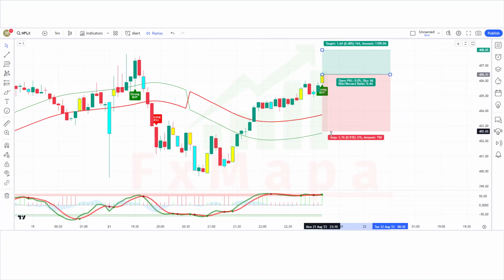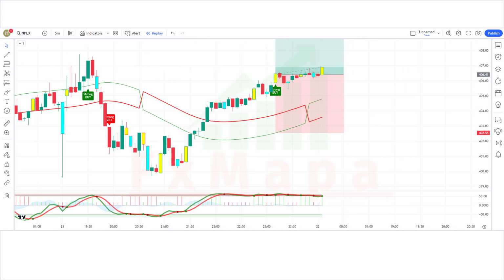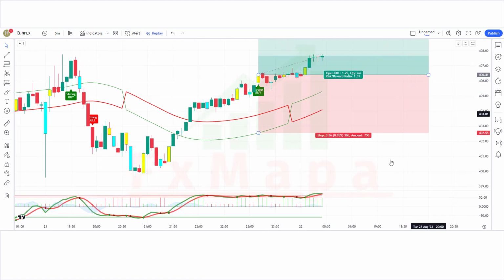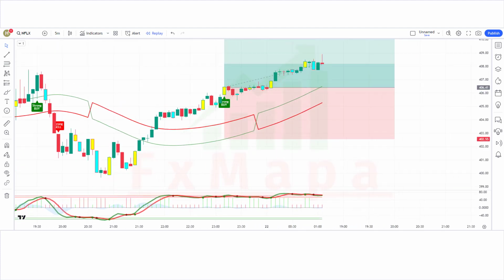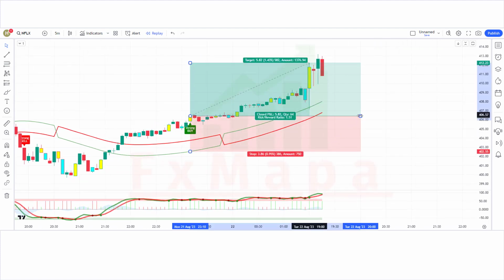Our stop loss will be placed at the green line of the ZUSI main buy sell indicator, and the risk to reward ratio will be 1:1.5. The market has completely hit the target.